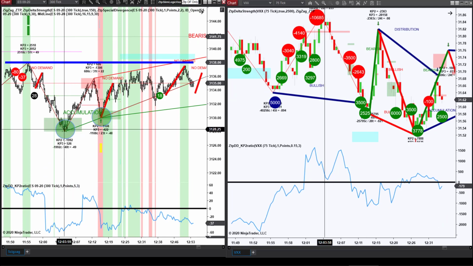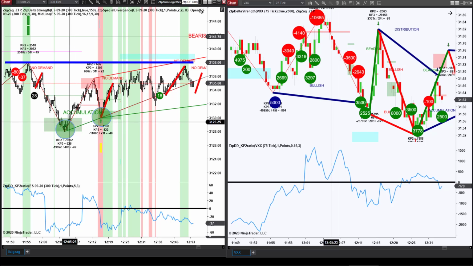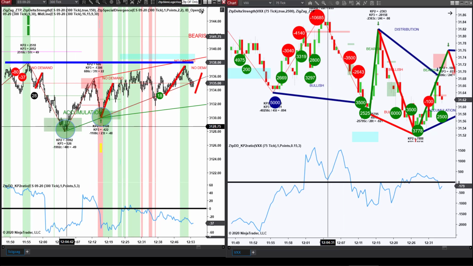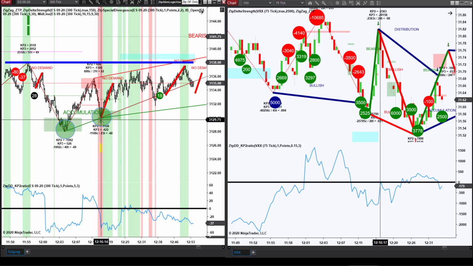And again, you can see that we had a large lot seller up here, and then price falling with order flow on both charts. We then had our accumulation signal here on the ES, and on the VXX chart, we were given special divergence.